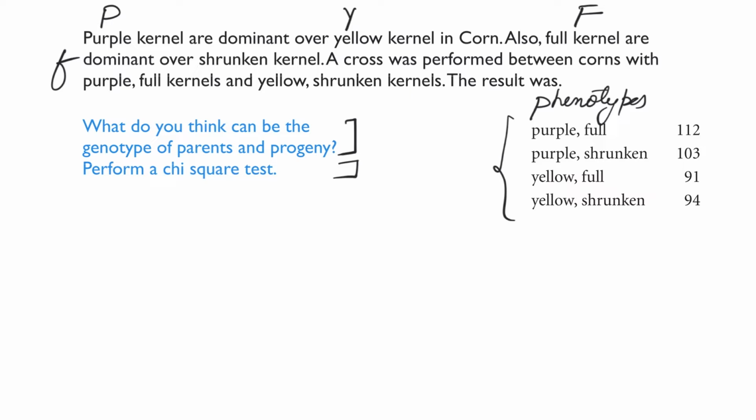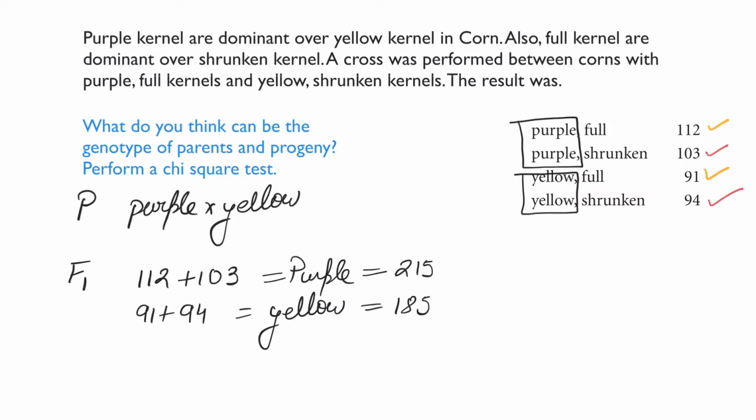So what I'm going to do is separate them out. Okay, so let's do that. As you can see, if I calculate all the purple, that comes to 215, and all the yellow comes to 185. I'm going to do the same by grouping the full together, 112 plus 91, and grouping the shrunken together, that's 103 and 94.